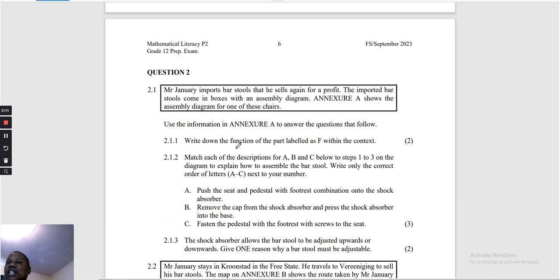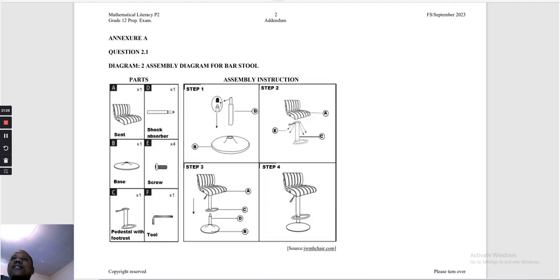So now they say use the information in Annexure A to answer the questions that follow. Write down the function of the part labeled F. This one, the tool. I always buy these chairs online, so I have the manual there. You'll always find this tool.